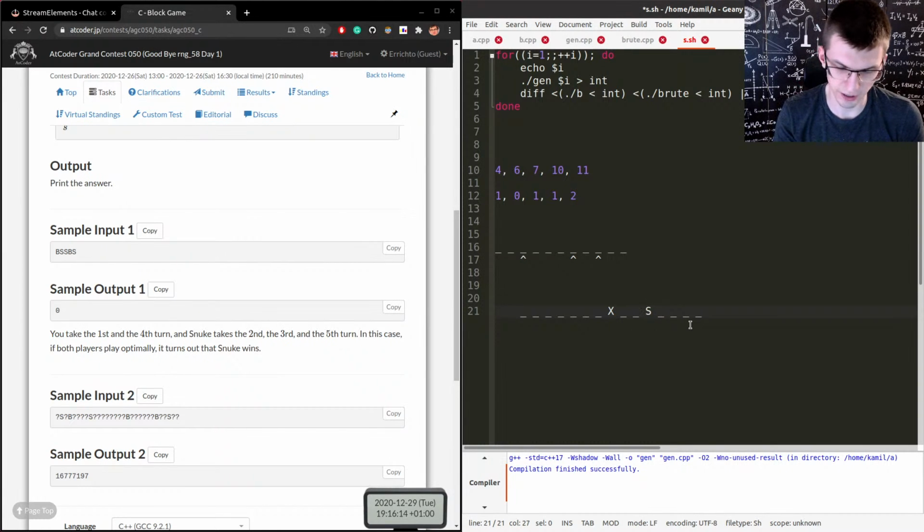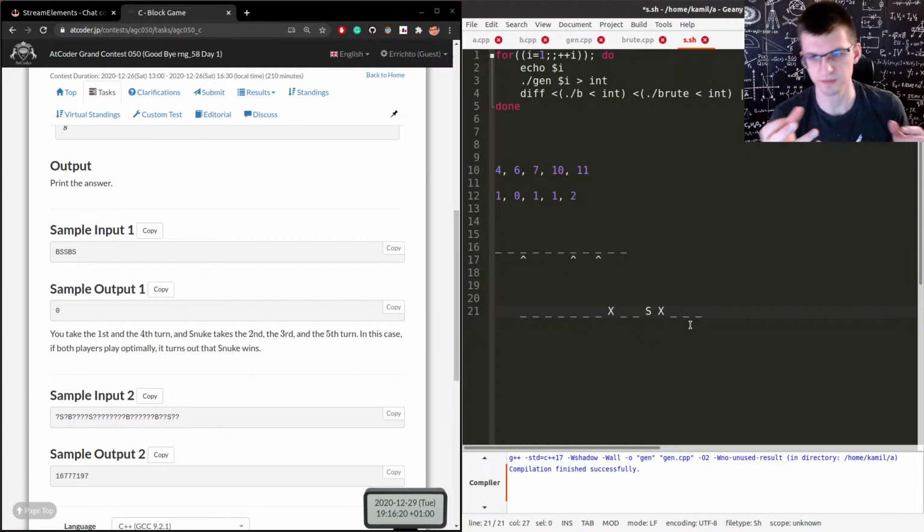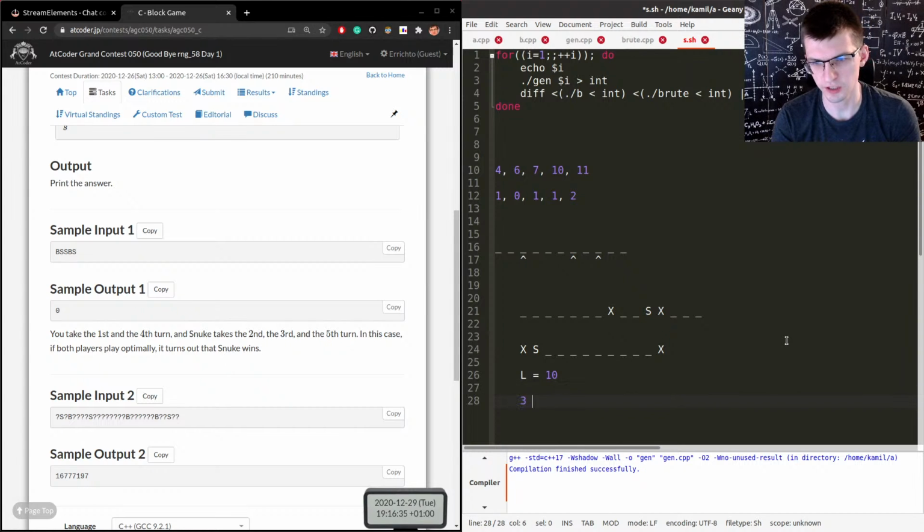After I block him, he will always be next to my block, and the only thing important for the state is how long this interval is. If this is the situation, and the length of the interval is say 10, and now he needs to make 3 moves, then he will move all the time to the right.